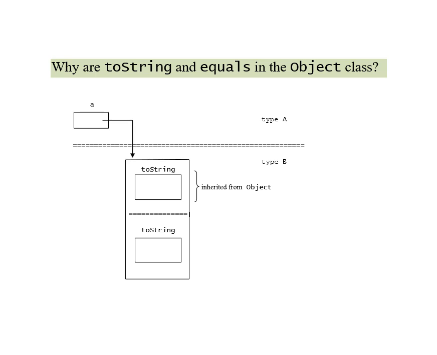So what do you think is going to happen if you invoke the statement a period toString parentheses parentheses semicolon? If you say a.toString(); so which one are you going to call?